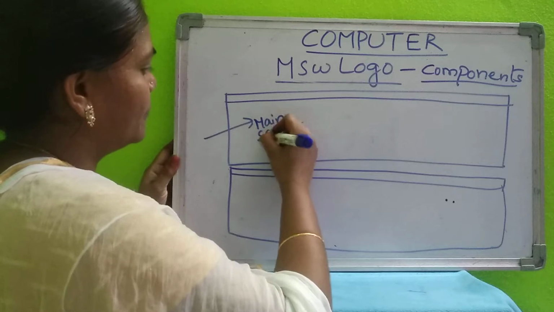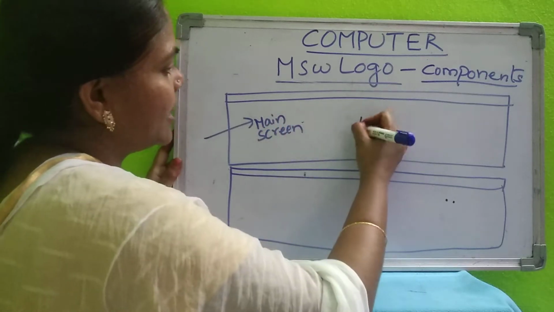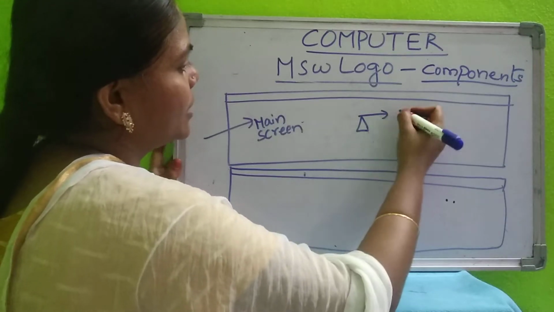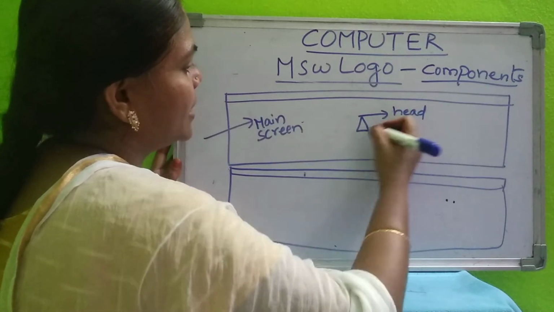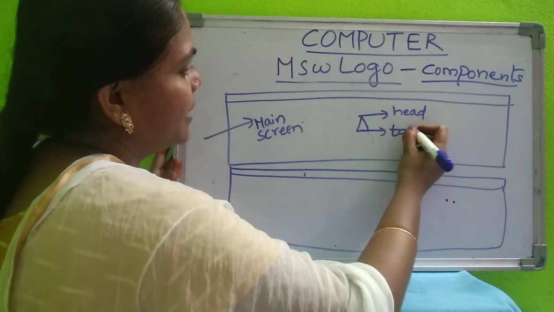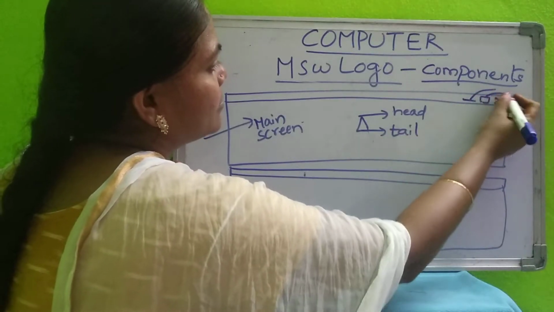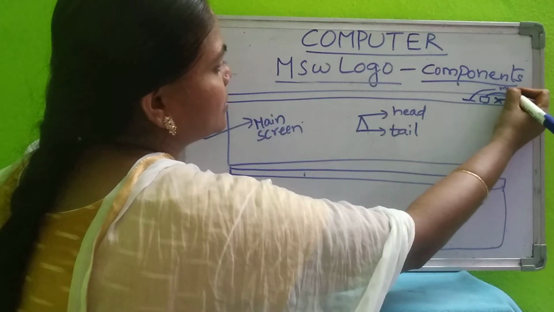On this main screen we have the turtle. This turtle draws the output. It has 2 parts, head and tail. These are the minimize, maximize, and close buttons.